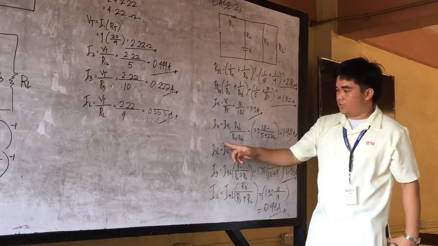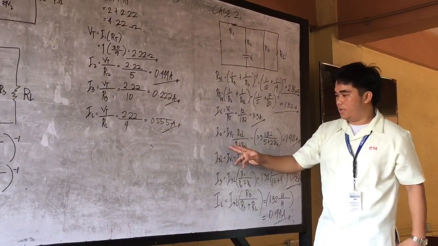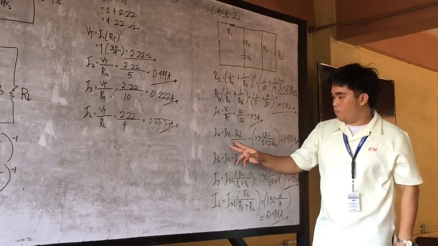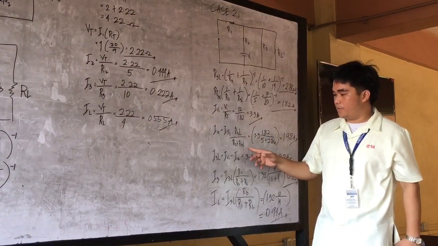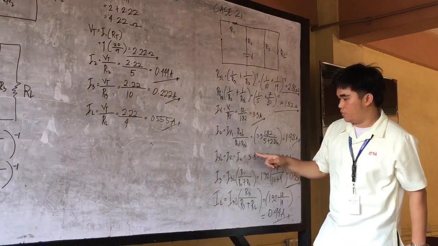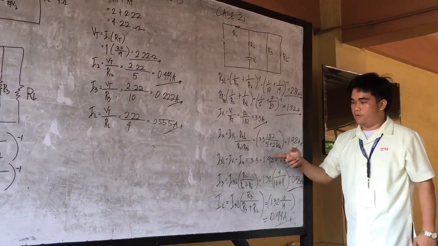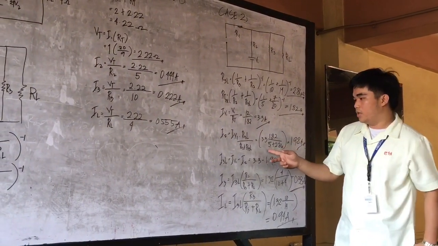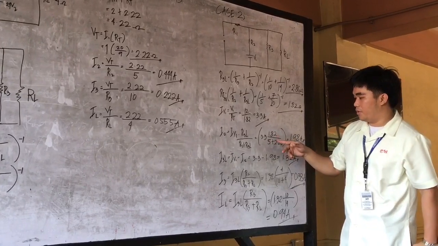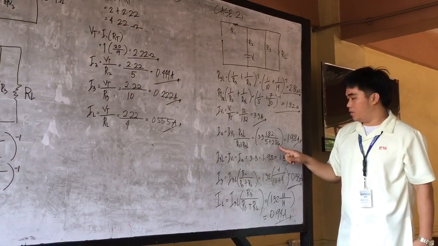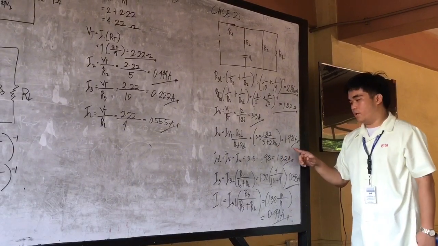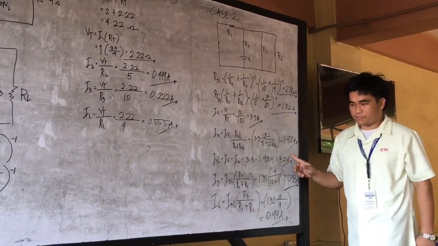Then for our I2, our formula is I V sub 1 times R3 load over R2 plus R3 load. Substituting the given, we have 3.3 for I V sub 1, then 1.82 over 5 plus 2.86, then our answer is 1.98 amperes.